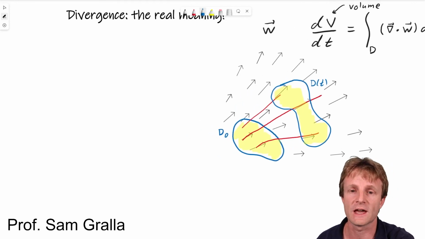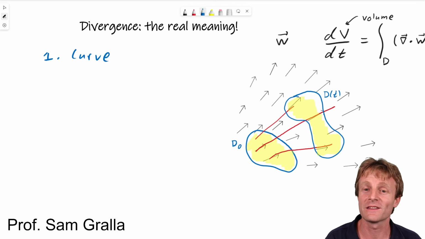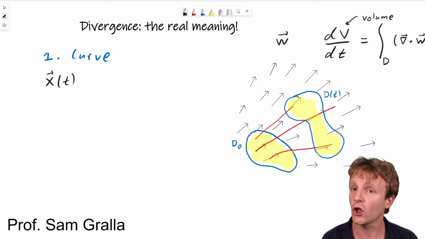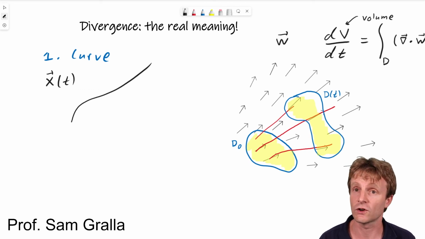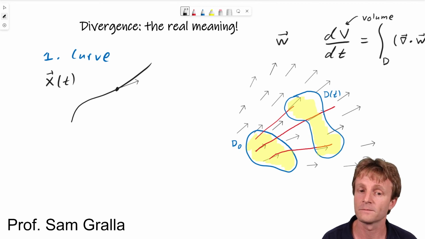Now, the first step is just to remind you what a curve is. Okay? So we're going to think of curves as parametrized curves. What that means is there's some parameter t that we're going to call time, but it doesn't have to be. And we just give x, y, and z, which I call vector x, as a function of time. And that gives us a curve through space. Now, there's a concept of a tangent vector to a curve, like that.